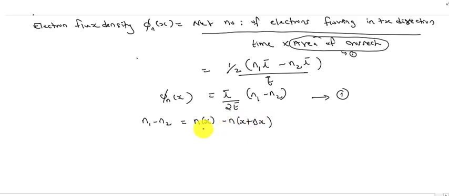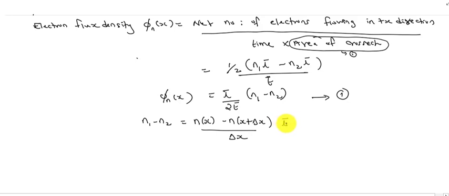So N1 is replaced by n of x, N2 is replaced by n of x plus delta x, and we divide by delta x and multiply by delta x.